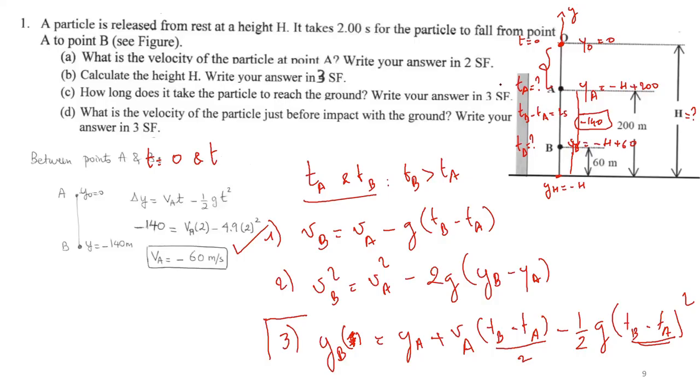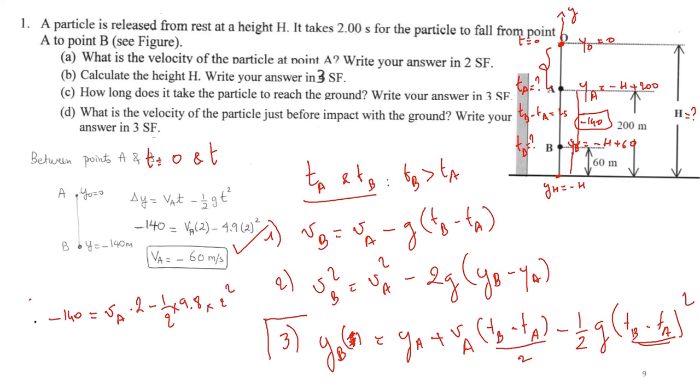So here, I will use the third equation, right? So YB minus YA, which is equal to minus 140, is equal to VA, that I don't know, multiplied by TB minus TA, which is equal to 2, minus 1/2 of 9.8 multiplied by 2 square.